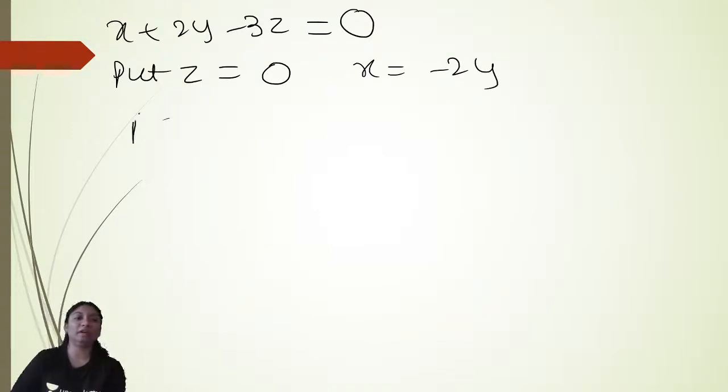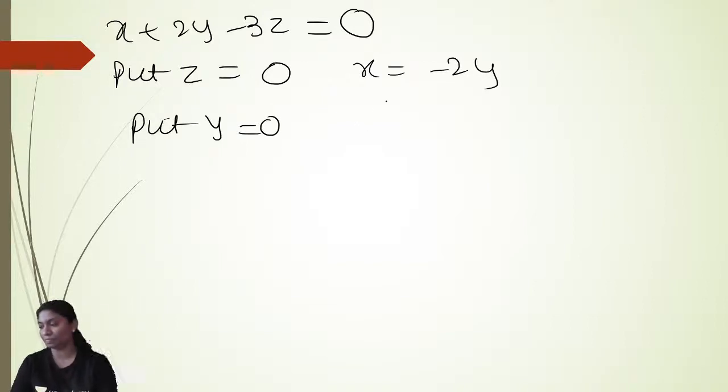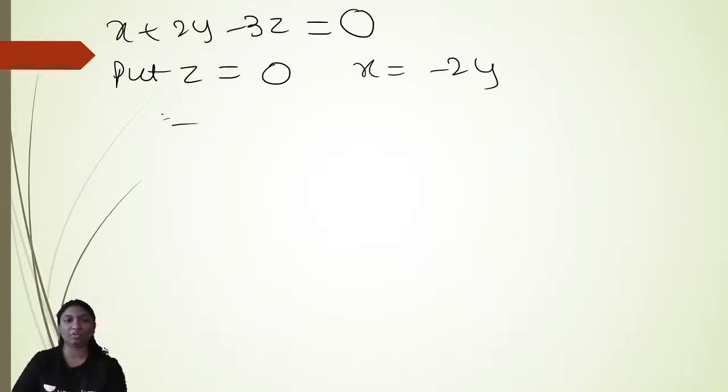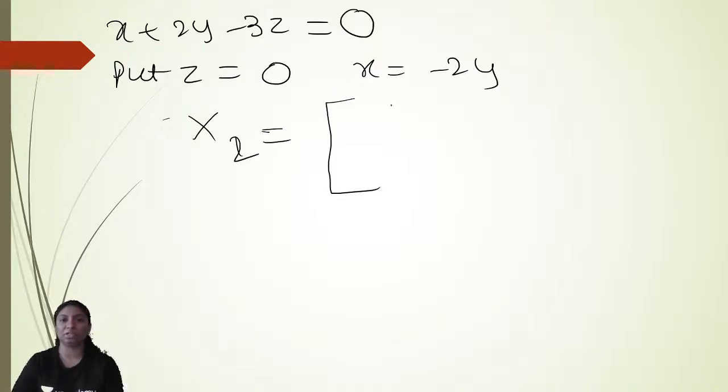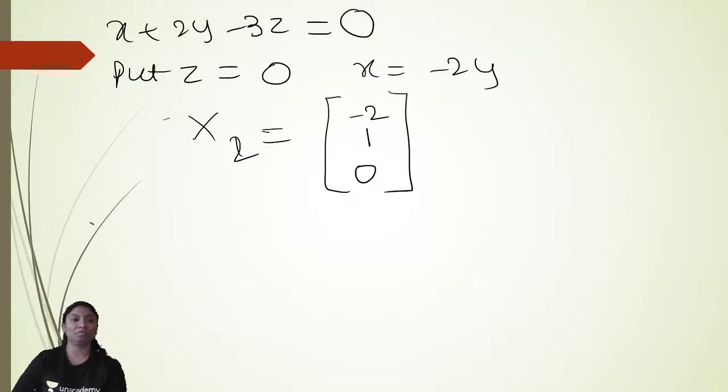So we will get the matrices x1, x2 here. X1 is already found out. So for x2, x is equal to minus 2y and z is 0. If I put y is equal to 1, x is equal to minus 2. So this is our eigenvector.